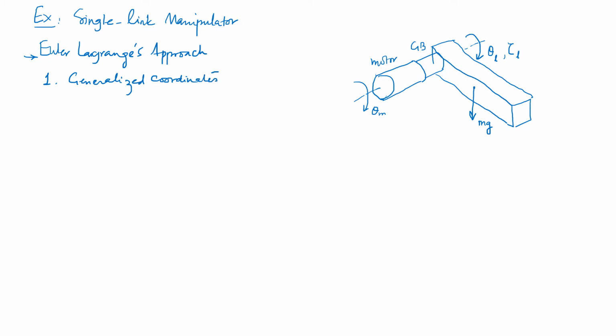Now in this particular case, you have a single degree of freedom system. Obviously there is a shaft rotation which is moving the link with that. But since we have identified theta m and theta L to be two different thetas, we have to see what connects the two. And obviously because you have a gearbox in the middle, which is going to have a gear ratio, that is the gear ratio which connects the two.